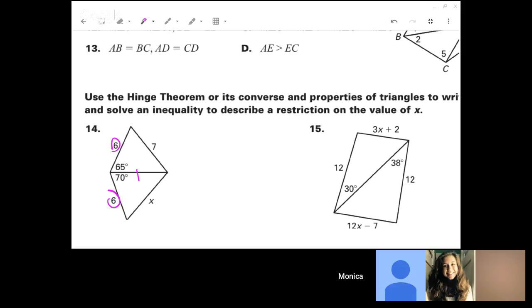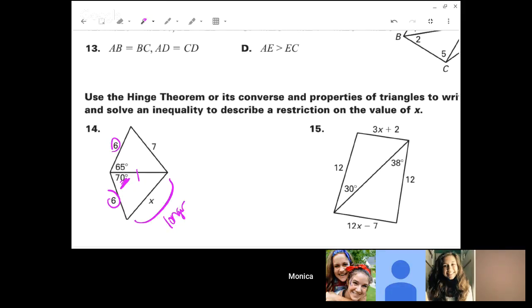So we can apply the hinge theorem here, okay? And then what it says is that if you have two angles included between those two sides, and they're different measures, okay? So see, we have one that's 70 and then one that's 65, the side across from the larger angle is the longer side, and the side across from the smaller angle is the smaller side, okay?